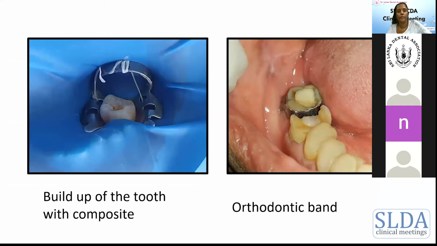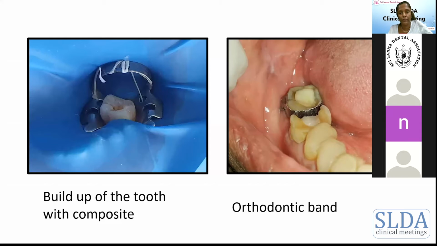These are two photographs given by Dr. Samudi. This is a build-up of a tooth with composite. In the first photograph, you can see it is after removal of all restorations, and building up the tooth gives better structural integrity, and rubber dam placement is easy.